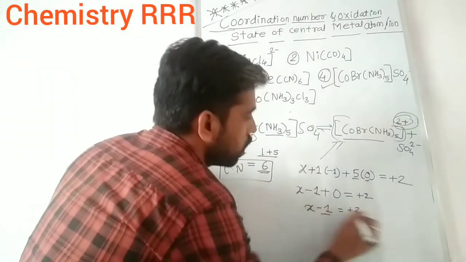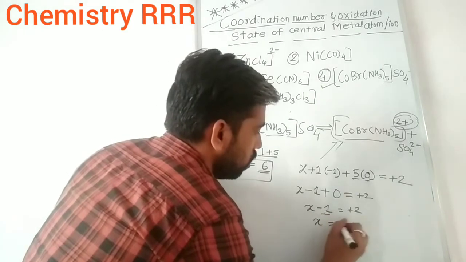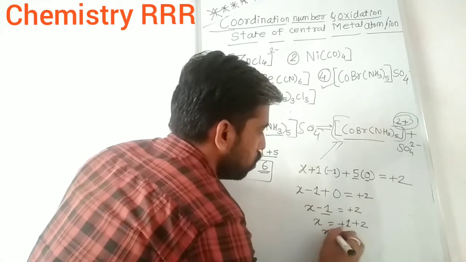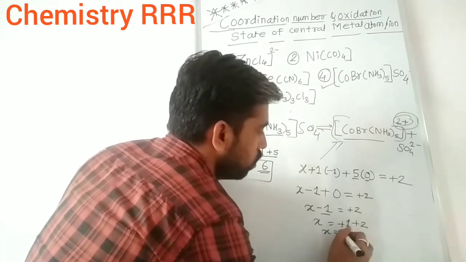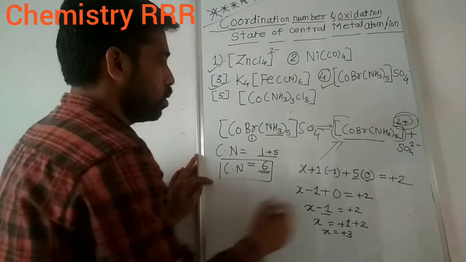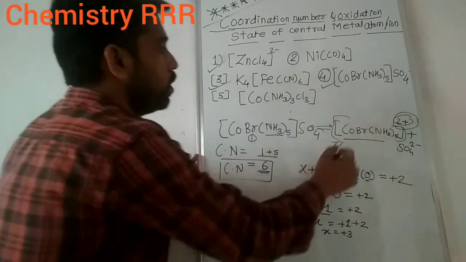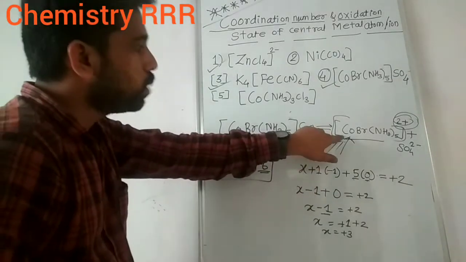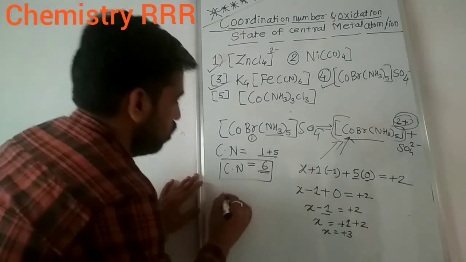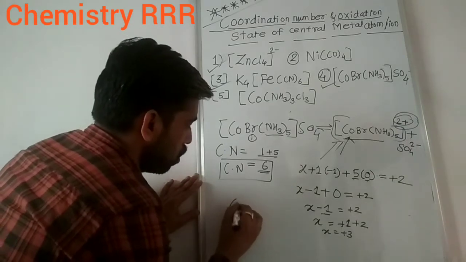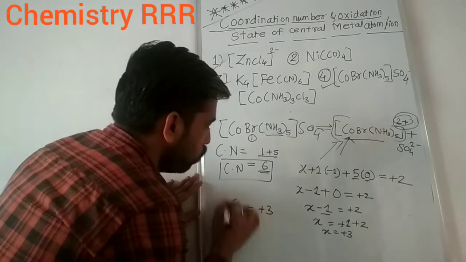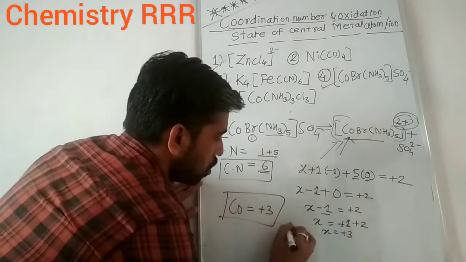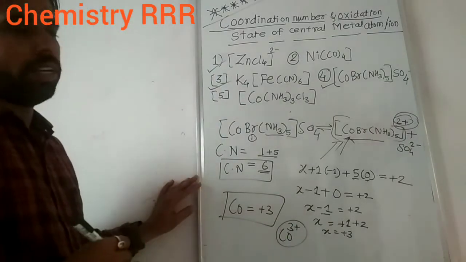So -1 becomes +1, and X is equal to +1 plus 2, which is +3. So the oxidation state of cobalt is +3, or simply, cobalt is in the +3 oxidation state.